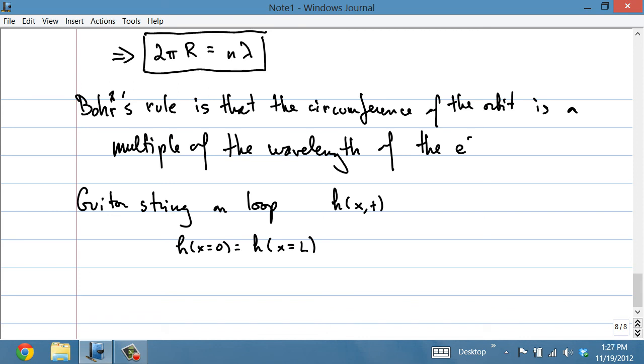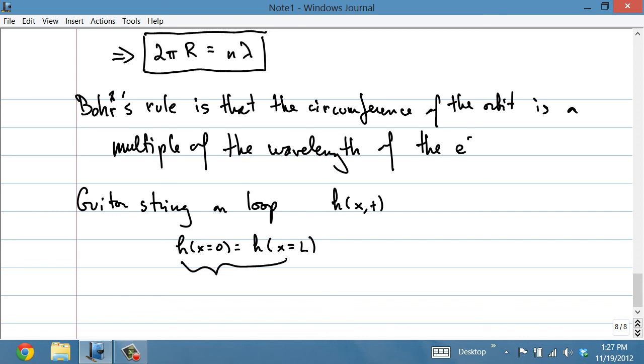One could also worry about the fact that the guitar string is curved as leading to some changes in the wave equation. This is where the analogy between an electron moving around an atom and a wave on a string breaks down, and where it's not completely precise. For example, it would be a fun exercise just to solve for the standing wave solutions of a guitar string obeying this boundary condition.